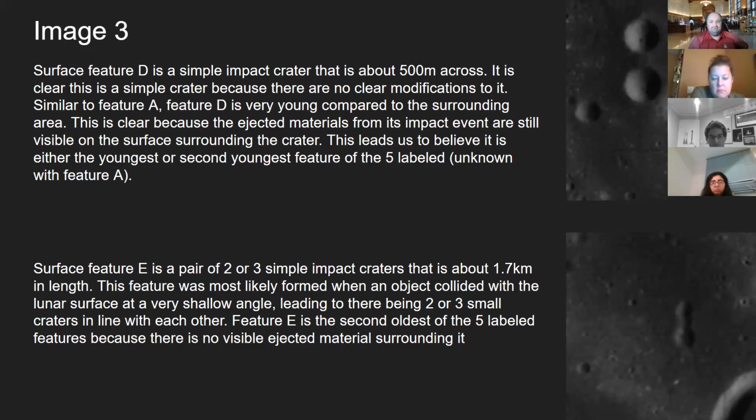I don't know. But it could also be from a very low angle impact. And in the image above that, that little one is relatively new because, as you said, the ejecta is still pretty well defined. Okay.